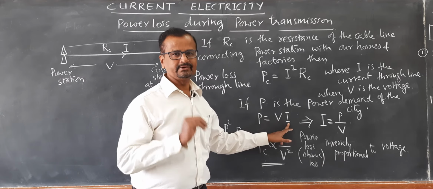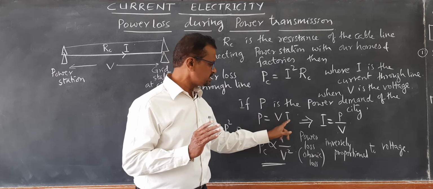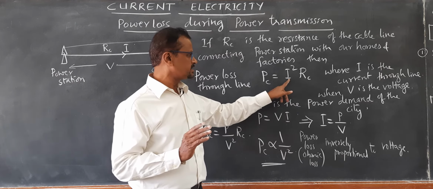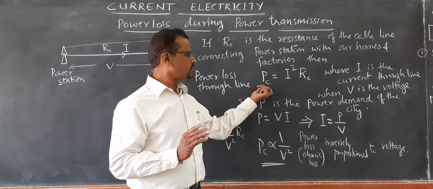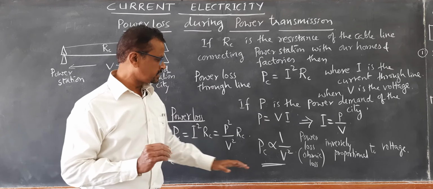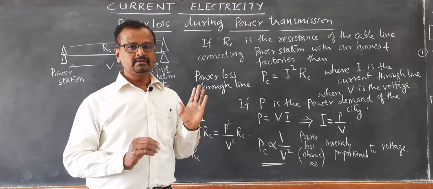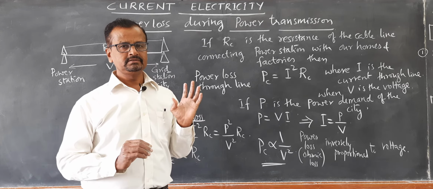Current I is reduced. The product VI is constant. So when the current I is reduced, definitely power loss through the cable is reduced. So that is the advantage of transmitting the power at high voltage.